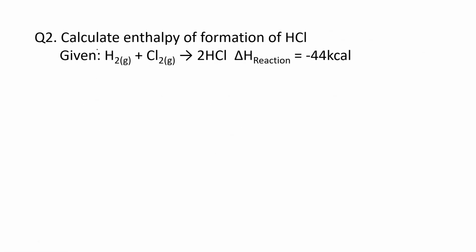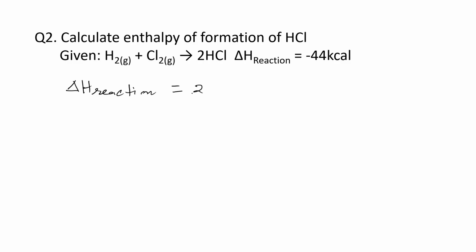Now, second problem. Calculate the enthalpy of formation of hydrogen chloride. Here also it is the same. Here also it is given delta H reaction, heat of the reaction, which is equal to product minus reactant.